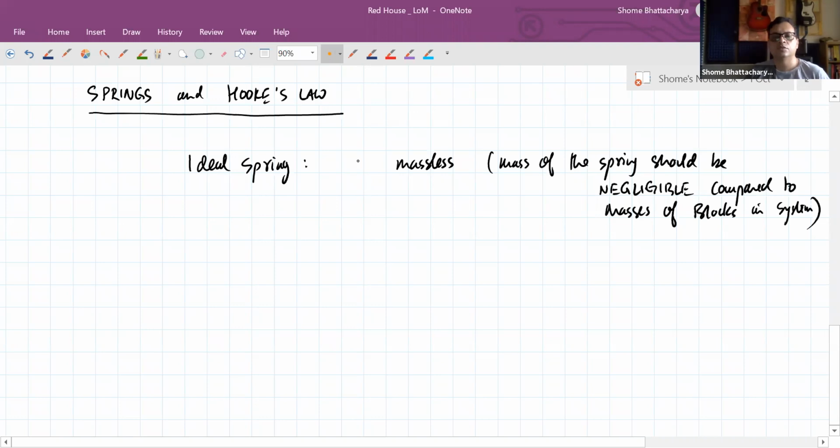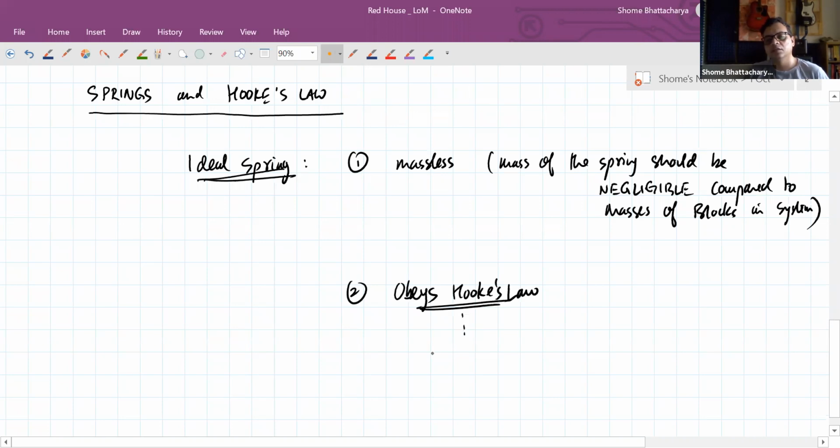And second thing, an ideal spring obeys Hooke's law. Now, Hooke's law is something very simple.